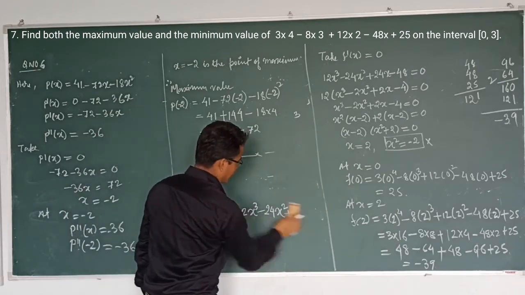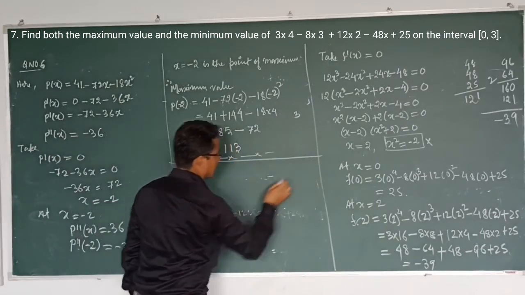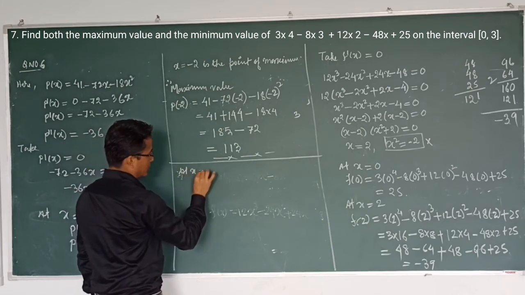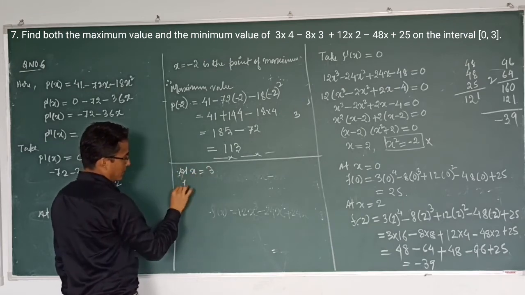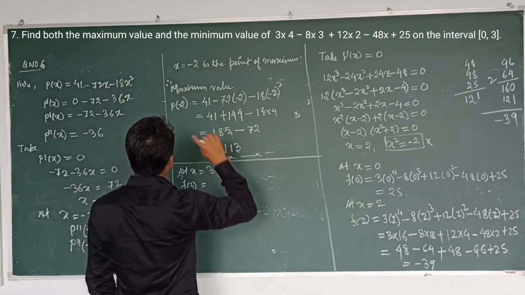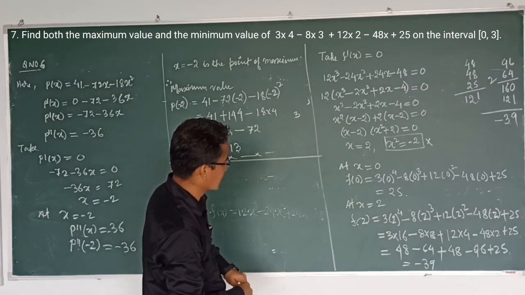So 3, you will see here, f of 3. F of 3 at x equal to 3, then what will we get? F of 3 means our function, what is our function?